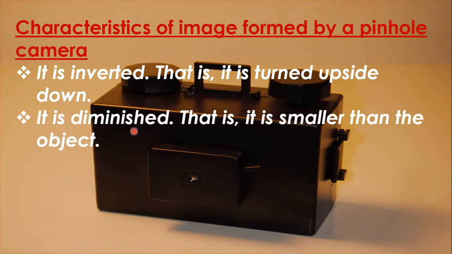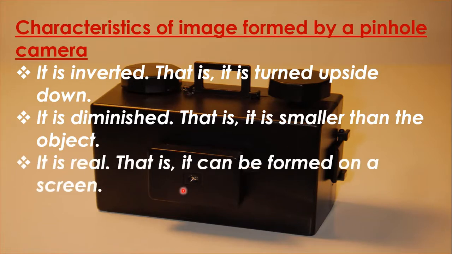Two, it is diminished. Diminished means the image formed is smaller than the object. What you see inside is smaller than the object. Then finally, it is real. The image is real, that is, it can be formed on the screen.